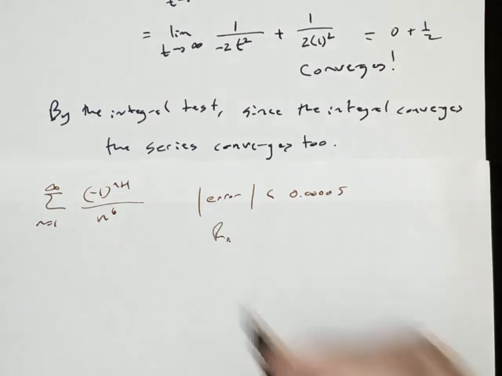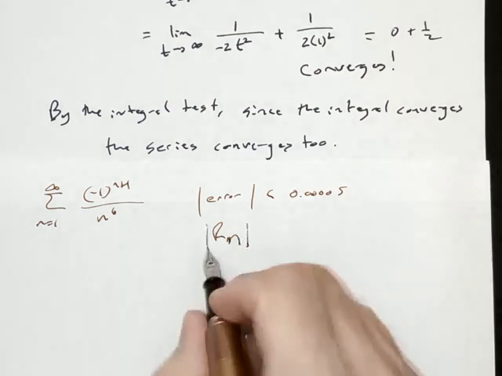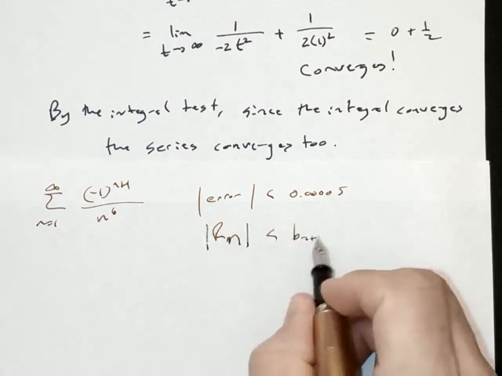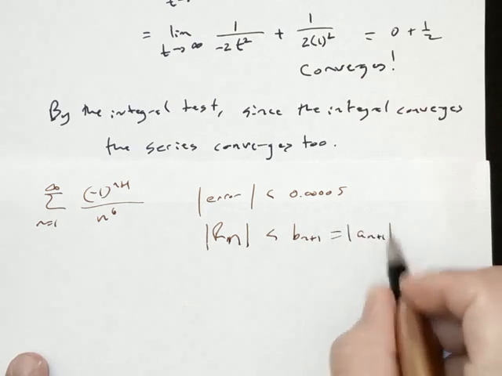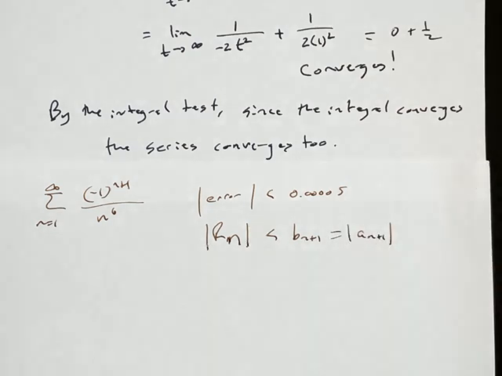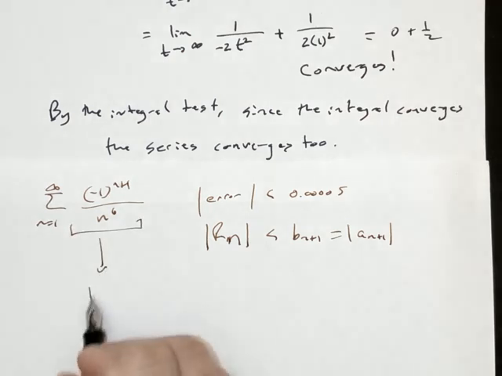So I want to know how many terms I need to add up to get an error that's less than 0.00005. But I know that R_n is less than b_(n+1), which is the absolute value of a_(n+1). The b_n's are the positive versions of my terms. So that means I need to know what b_n is from here.